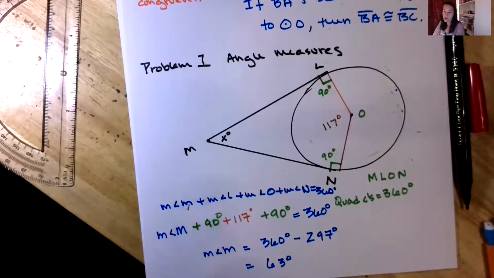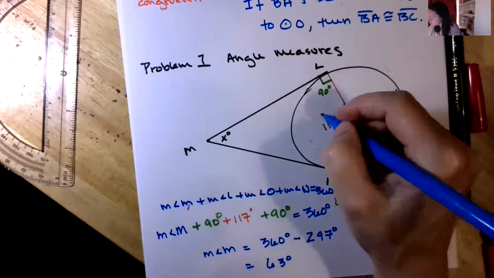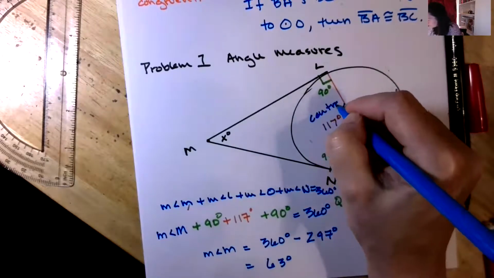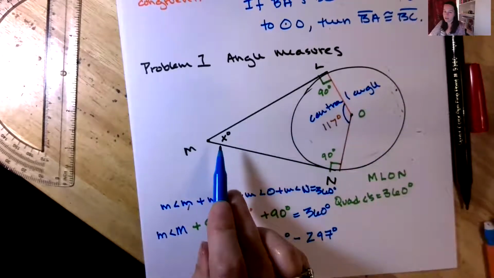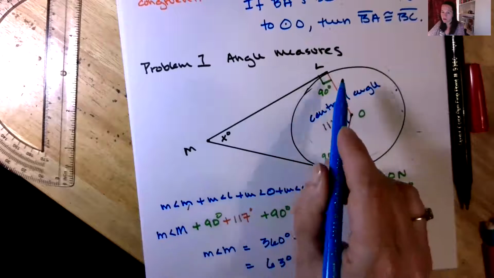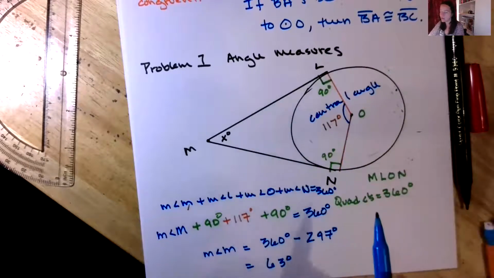Okay, now every time you have a central angle, because remember this is our central angle, and you want to find the angle on the outside of the tangent, you're always going to have a quadrilateral where we know that two of the angles in that quadrilateral are 90 degrees, so they add up to 180.